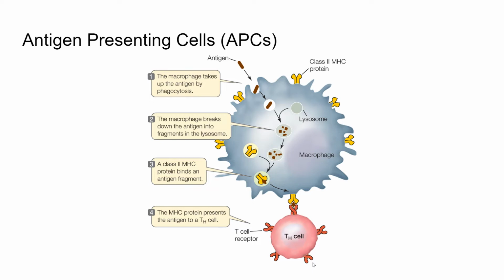These are big cells that engulf the antigen, which is usually attached to some sort of cell, and present fragments of those antigens to be recognized by T cells, remember that antigenic determinant.